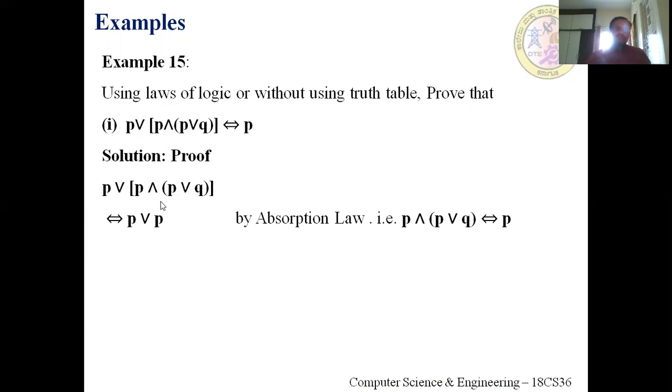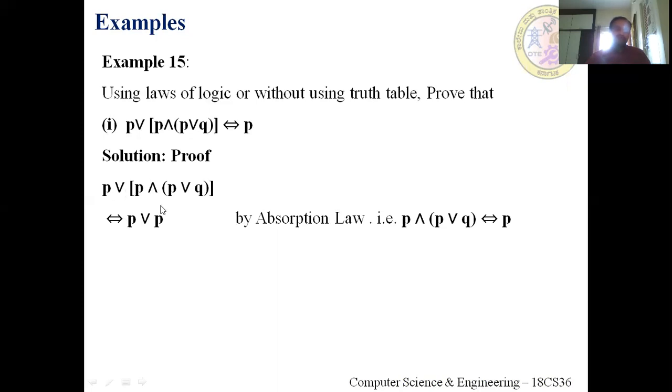Whenever I mention the next step, you should give the reason why that step has appeared. We know that the absorption law is defined like this: P and (P or Q) is logically equivalent to P itself. That means this entire compound proposition is simplified to P here.